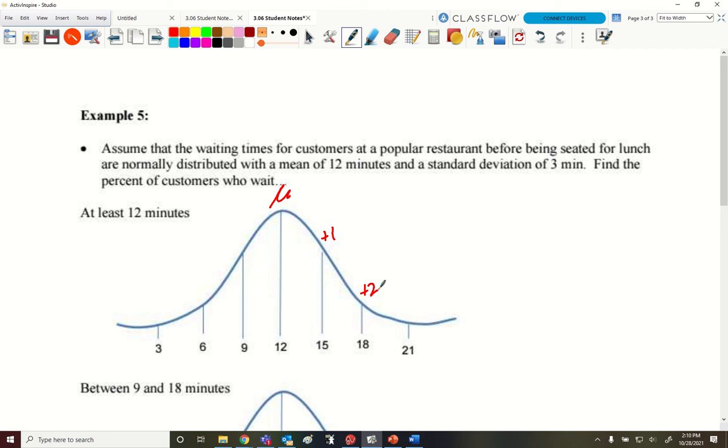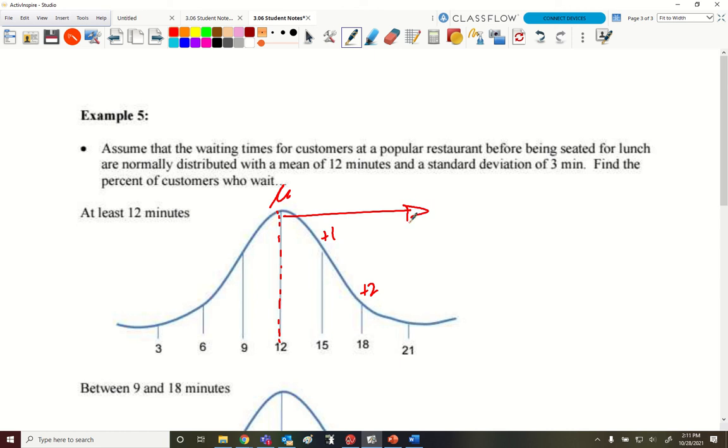Find the percent of customers who wait at least 12 minutes. So let's go and find 12, right here, right at 12. So at least 12 minutes. Think about that. Can it be more or less than? It's more than. The word at least means the smallest amount, your least amount, is going to be 12. So what do I know from 12 all the way this way? What percent is that?